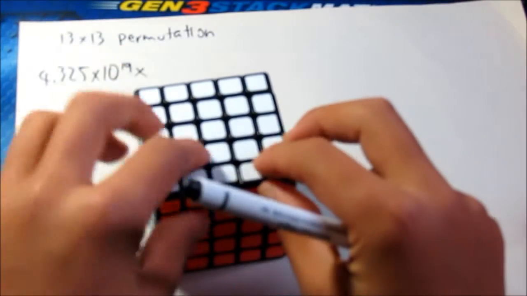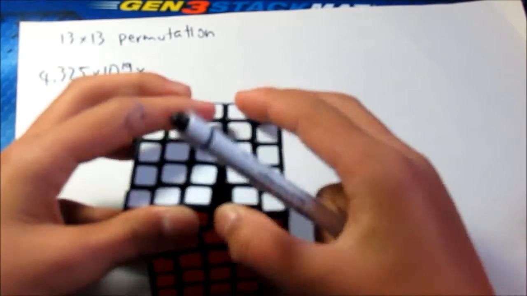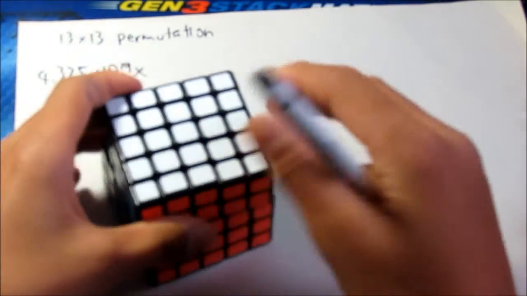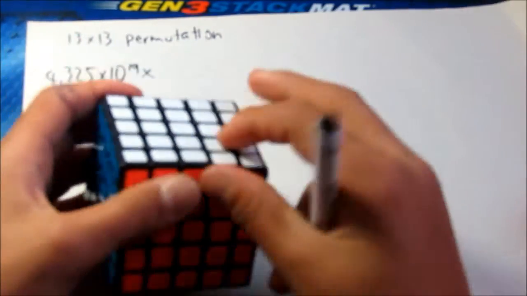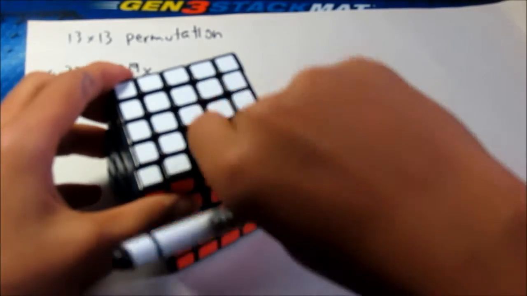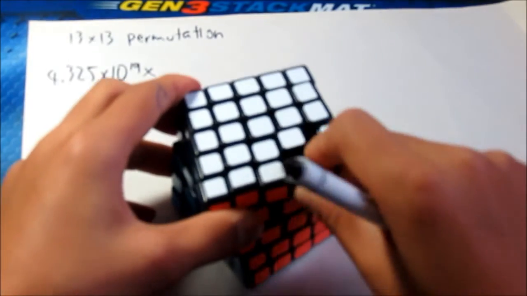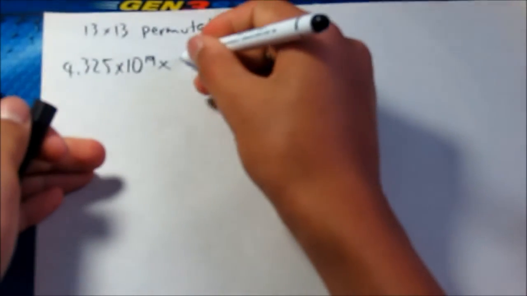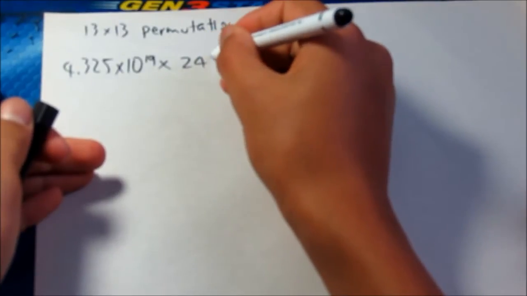Any big cube has these wings. So there's 24 of them, and they can't change orientation, because if you put this one the other way, like this, it just can't fit. So there's no orientation, so you just multiply by 24 factorial.